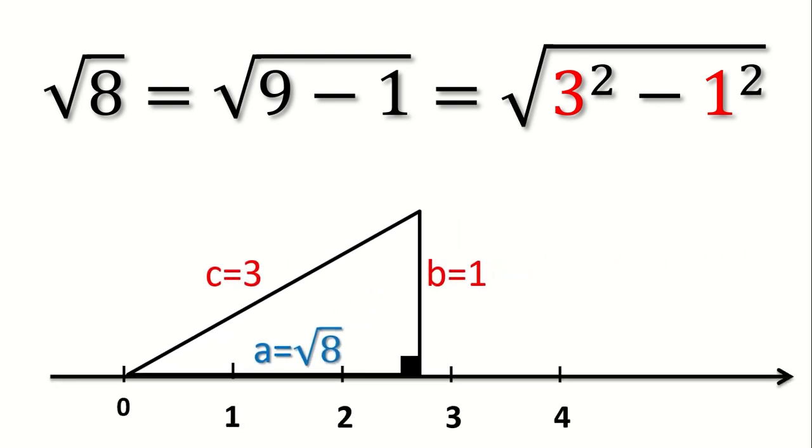Here, we can put the triangle at the origin of the line, and radical 8 is the below length of the triangle. So the problem is converted to drawing a triangle with these specifications.